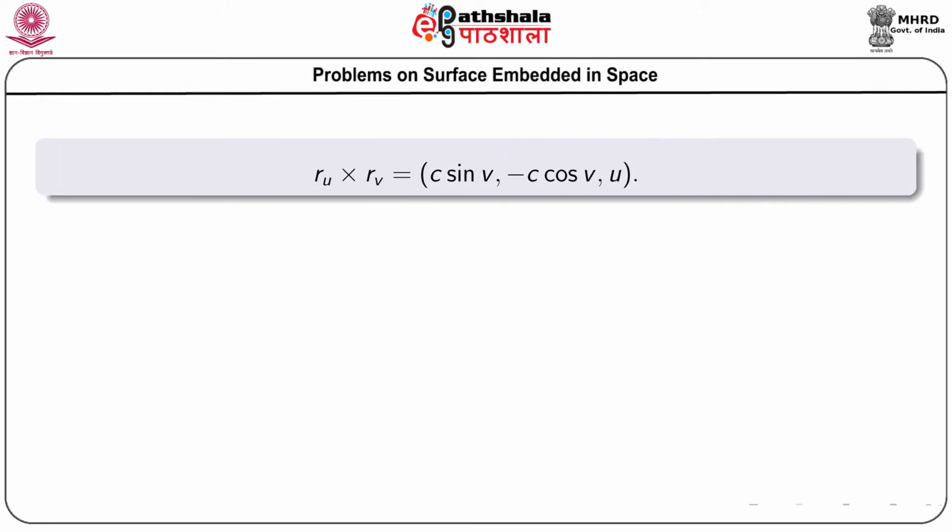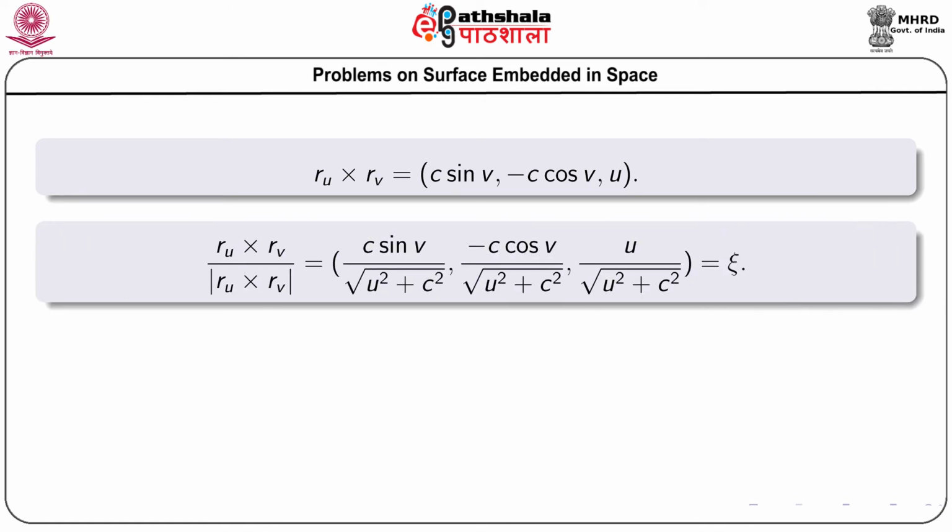So, R u cross R v, we have obtained this one: c sin v, minus c cos v, u. And xi is this one: c sin v by root over u square plus c square, minus c cos v by root over u square plus c square, and u by root over u square plus c square. So, this is the unit surface normal vector for the right helicoid.